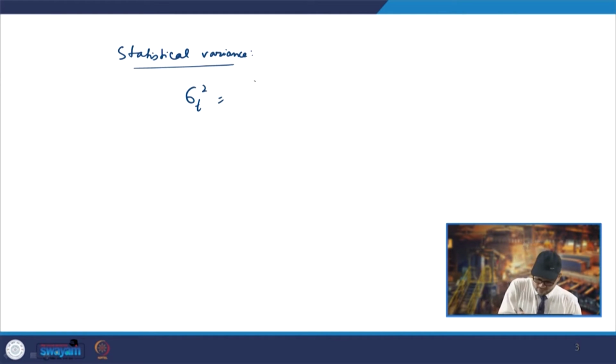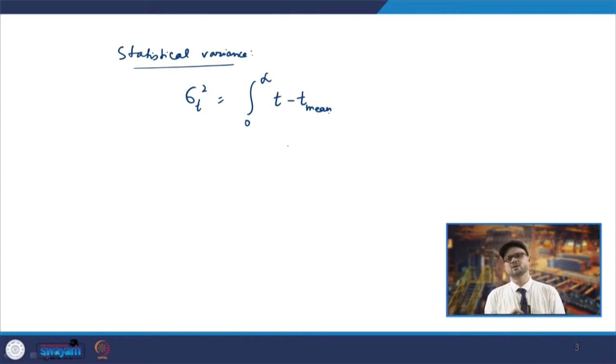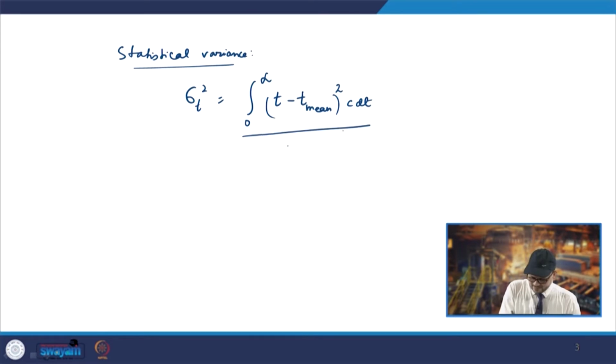So it will be the integral from 0 to infinity of (t minus t mean) squared c dt, where t mean is calculated using the earlier expression, divided by the integral from 0 to infinity of c dt. This way you calculate the variance of the residence time distribution about the mean.